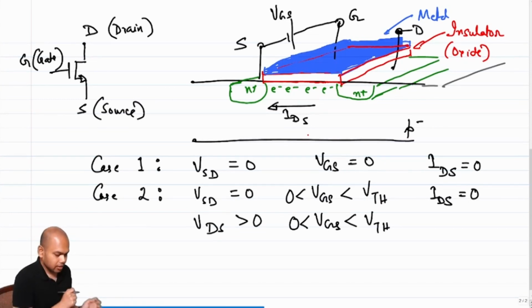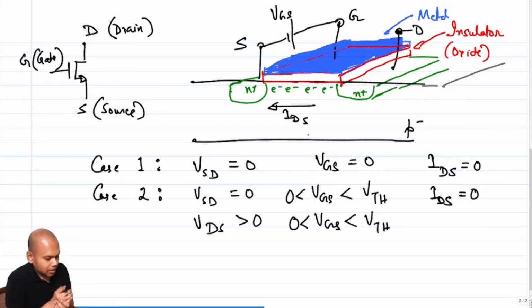As I just said, if you apply a positive voltage between the gate and the source and the gate and the drain, there will be an invitation for the electrons residing under the drain and source doping regions to come and fill up the space under the gate.